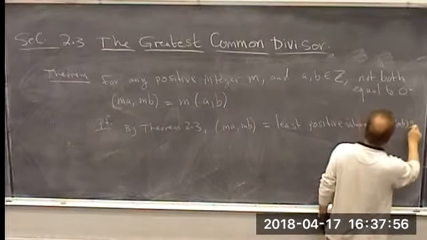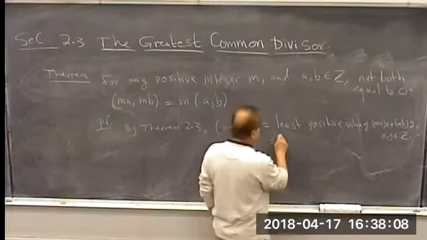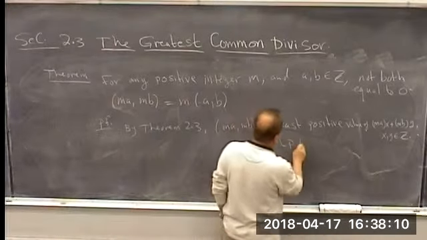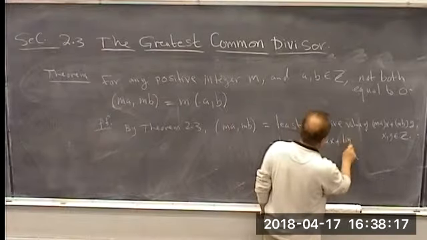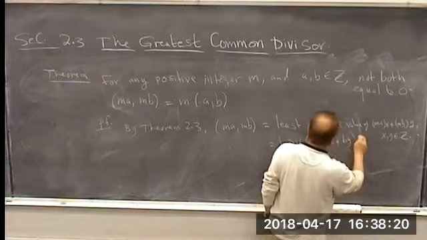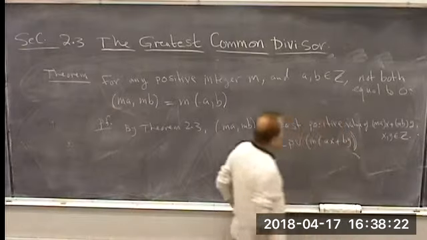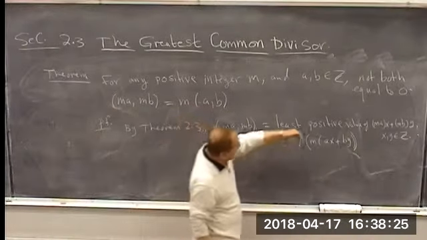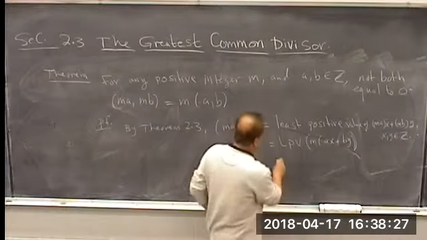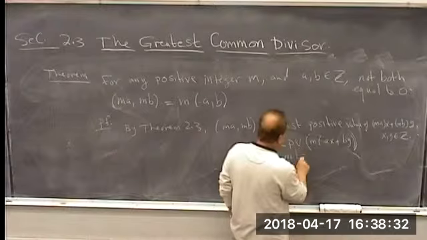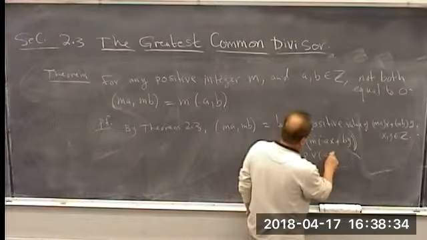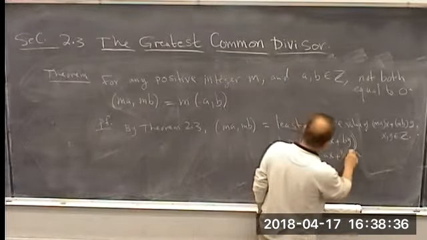Now we can take a common factor between these, so you could say this is, again, the least positive value of m times (AX plus BY). Now, since m is a positive integer, we actually can remove it outside. It's not going to affect. Then we're going to look at the least positive value of AX plus BY.